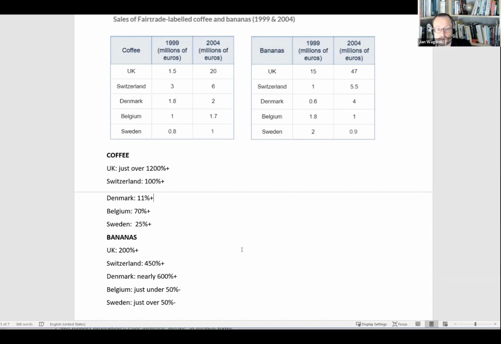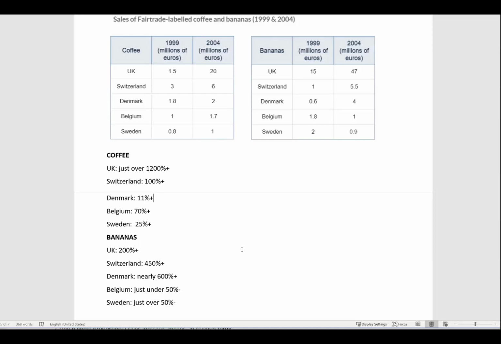Bananas is where you can make this contrast between absolute and relative. Belgium and Sweden have a decrease.